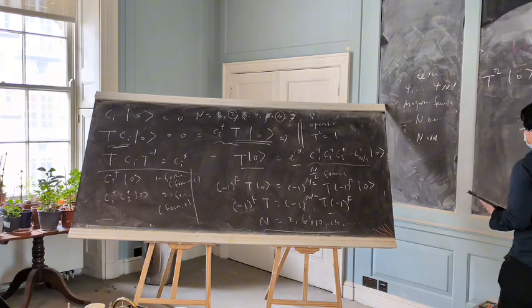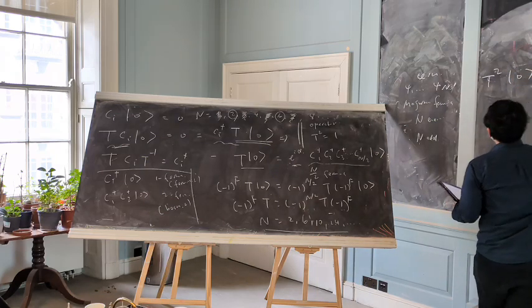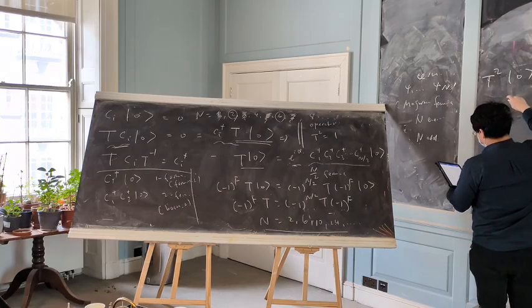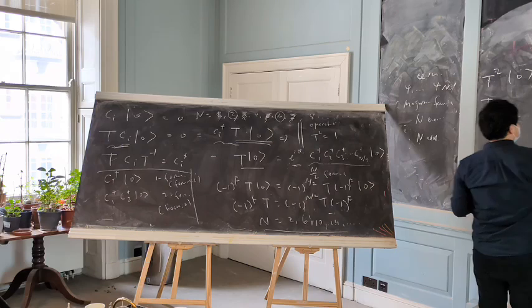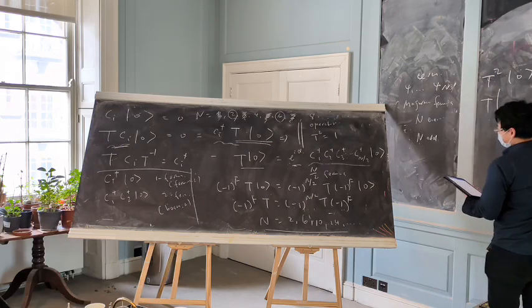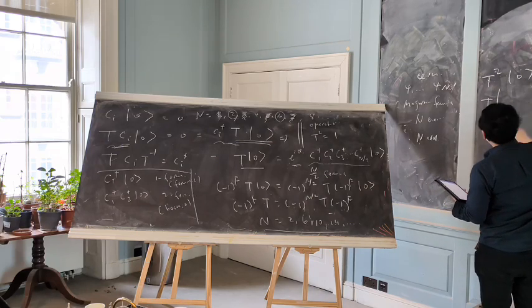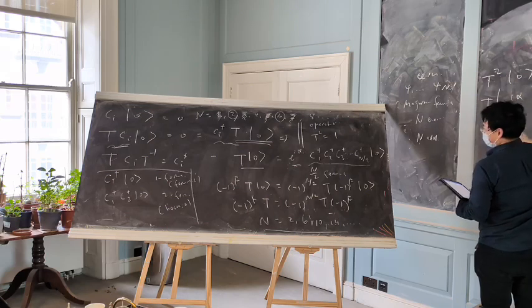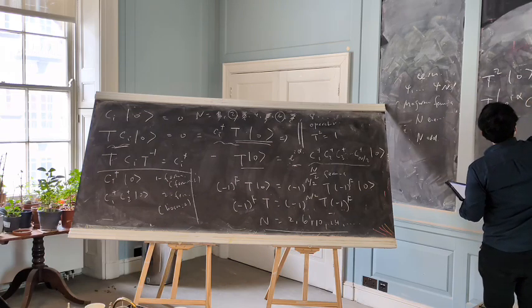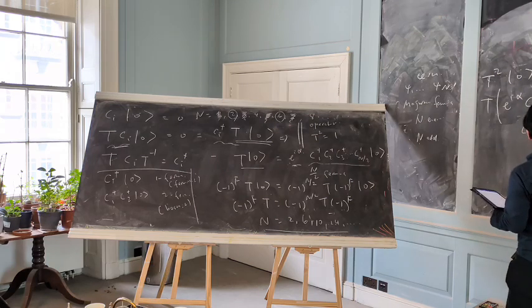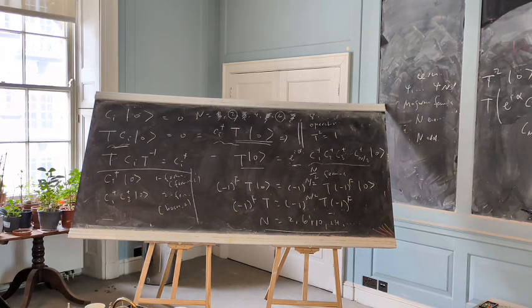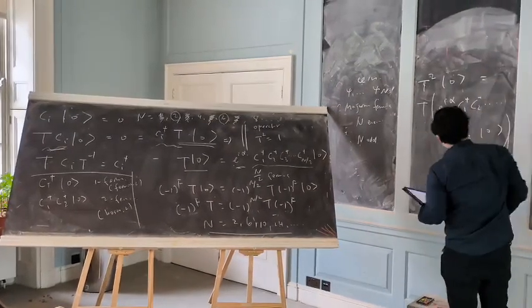You just compute the action twice. So here I'm just copying the action, e to the i alpha, C2 dagger, C1 dagger, 0. And so just go step by step. So this is the equal sign here.